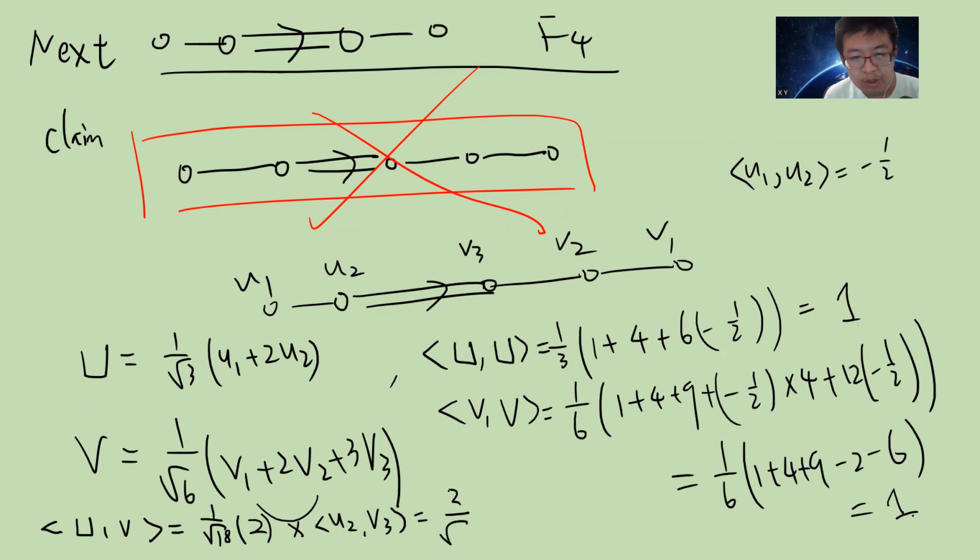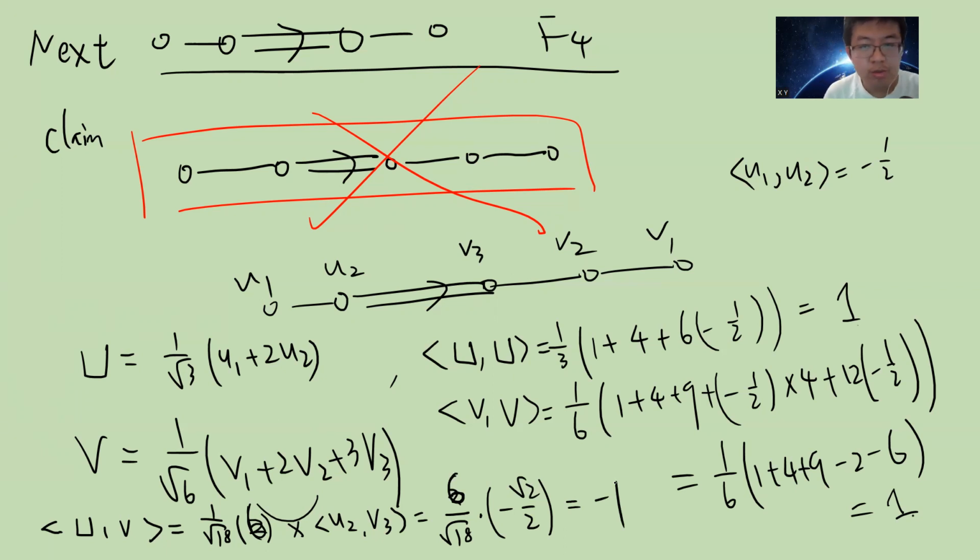So it's 2 divided by square root of 18, times U2 V3. U2 V3 is a double edge, so there's a 2 times 3, so there's 6. So this is minus 1.